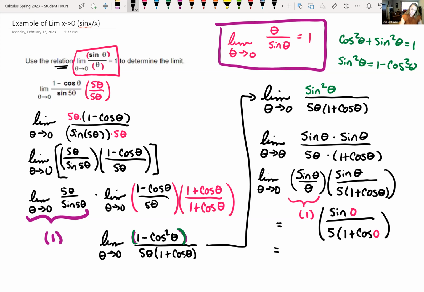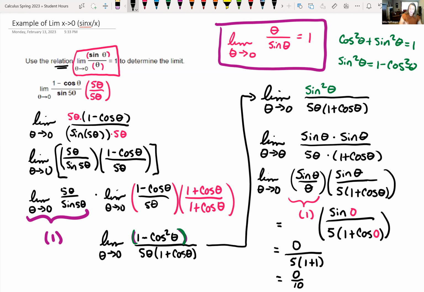Well, sine of 0 is 0, all over 5 times 1 plus cosine of 0 is 1, so 1 plus 1. So simplifying this, I get 0 all over 5 times 2, which is 10.